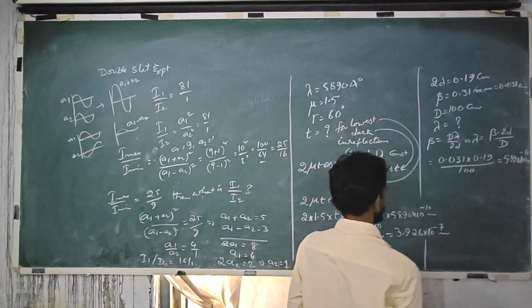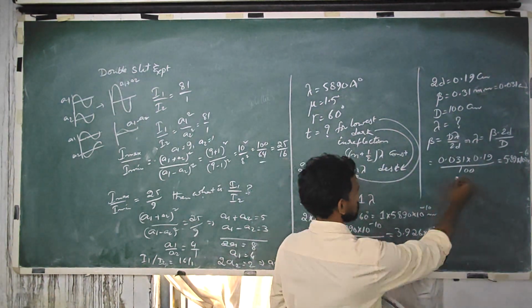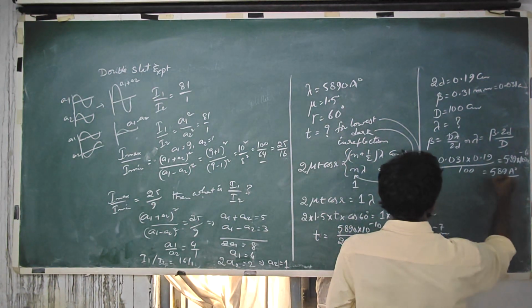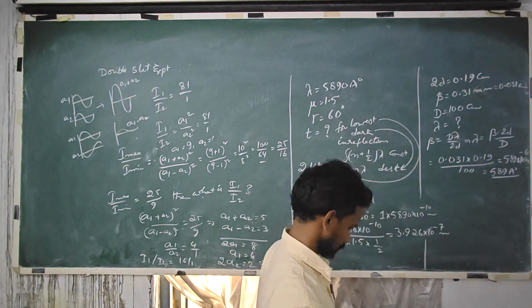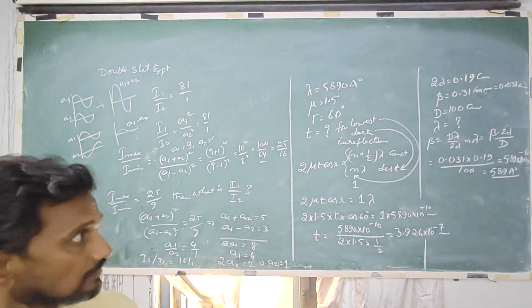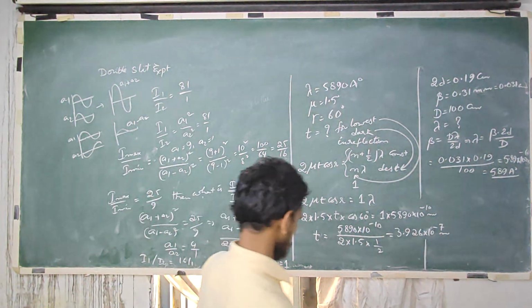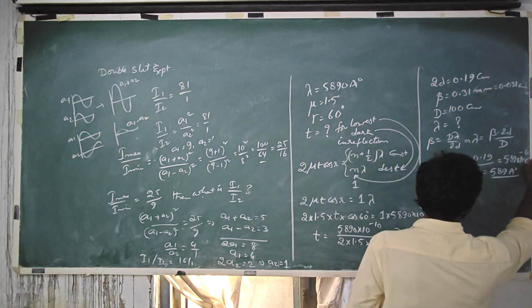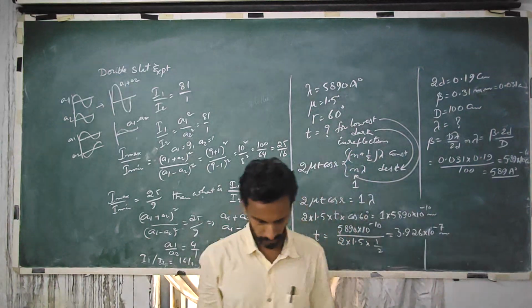So it is 5.89 into 10 power minus 6 meters, otherwise 5890 angstroms. 5.89 into 10 power minus 6 centimeters.